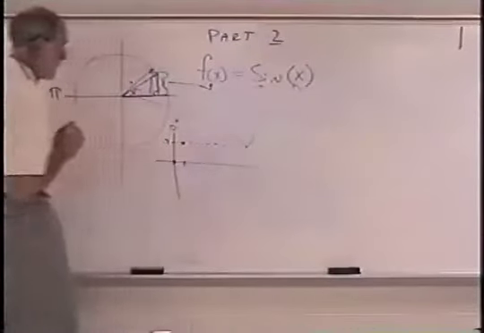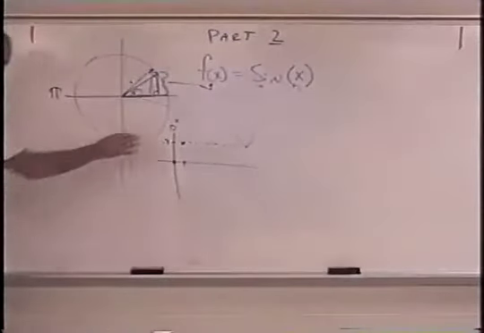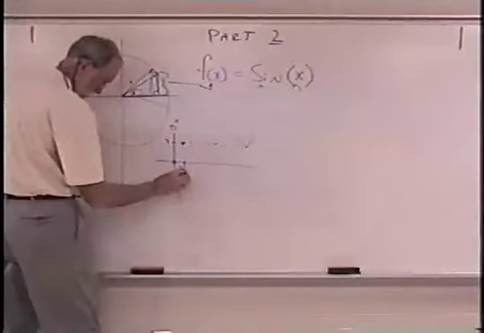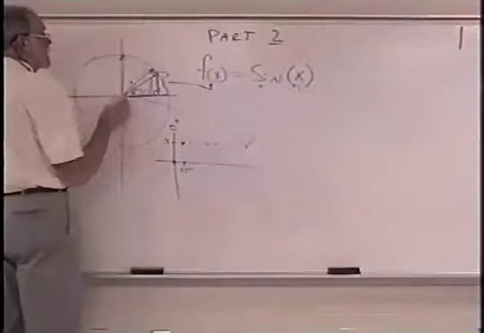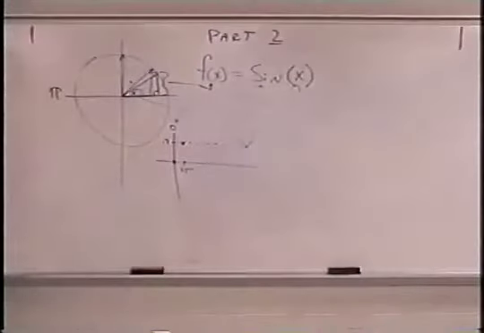So let's put a point there at 45 degrees. 0 degrees, 45 degrees. At 90 degrees, the sine is equal to 1. Check it in your calculator.